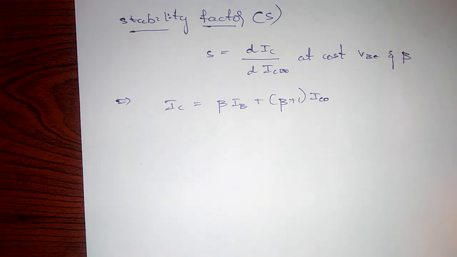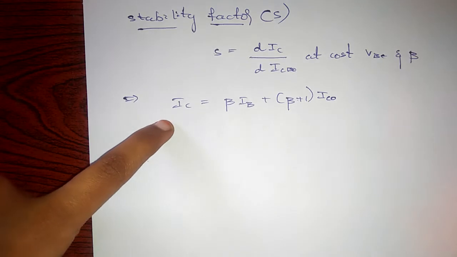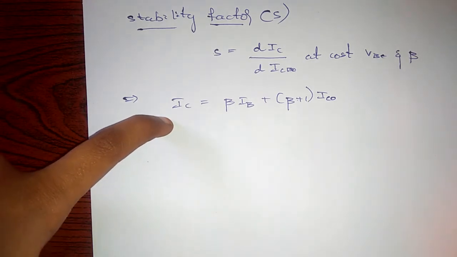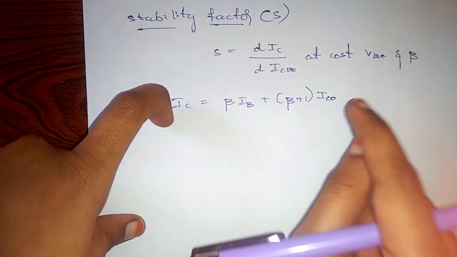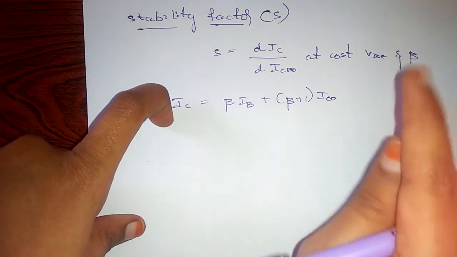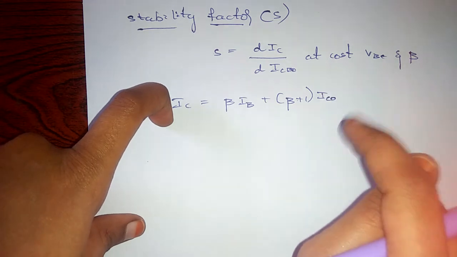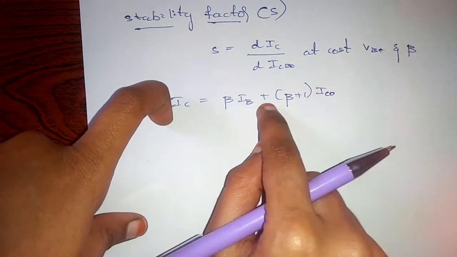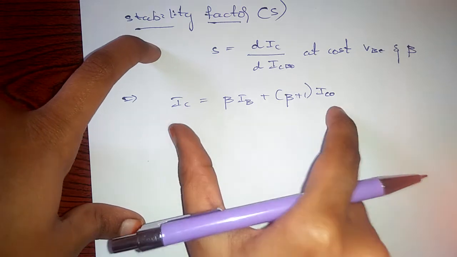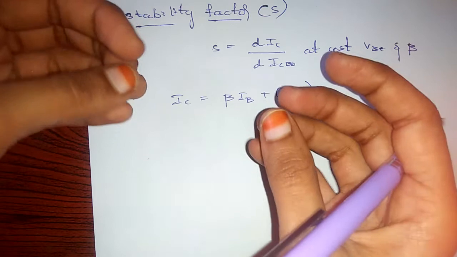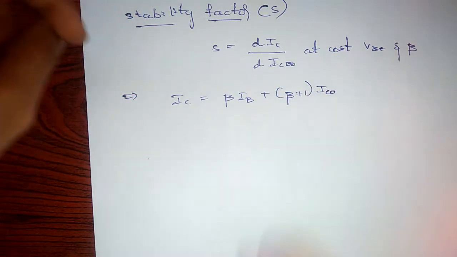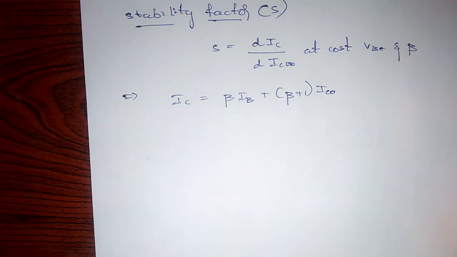If you go through that expression and derive it in terms of beta, then you get this expression. This expression is obtained when IB equals 0 with ICEO equal to ICBO by 1 minus alpha. I am telling you this so that you can understand more and get more interest in electronic circuits.